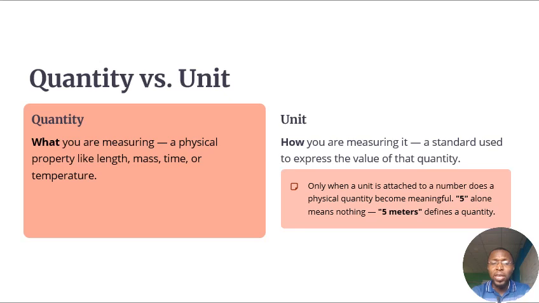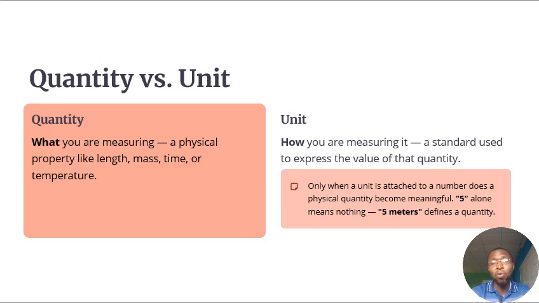If you measure anything and there is no unit on that thing, that quantity will not make sense. It's only when a unit is attached to a number that the quantity will make sense. For example, if you just say 5 alone, it will not mean anything except you put a unit like meters. When you say 5 meters, you know you are measuring the length quantity.